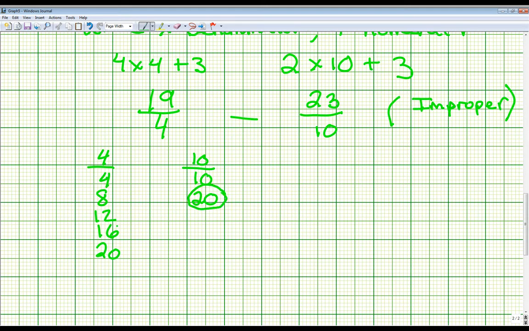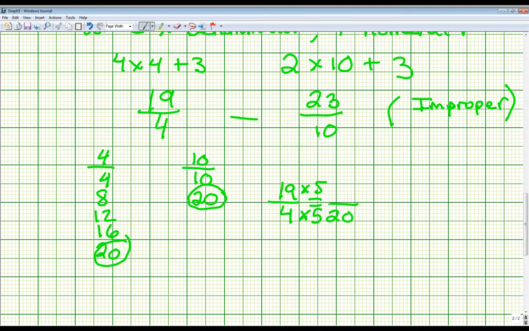So what I'm noticing here is the lowest common denominator for this set is actually when you multiply them both together. So I'm going to change 19/4 into something out of 20. So what did I do to that 4 to get to the 20? 4 times 1, 2, 3, 4, 5. So I'm going to multiply by 5 on the top and on the bottom.